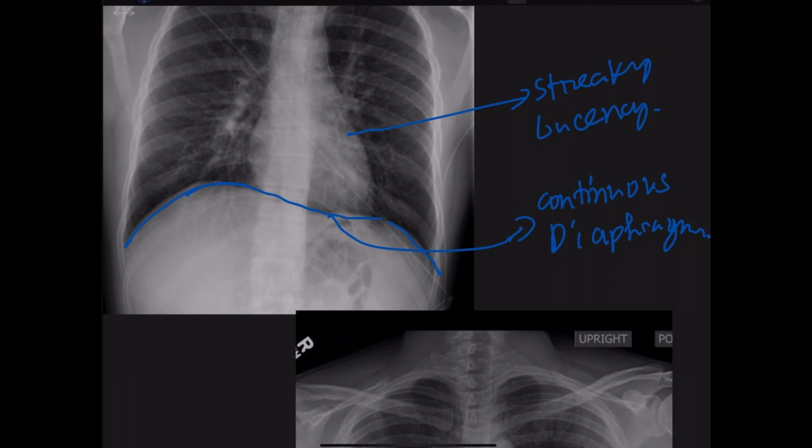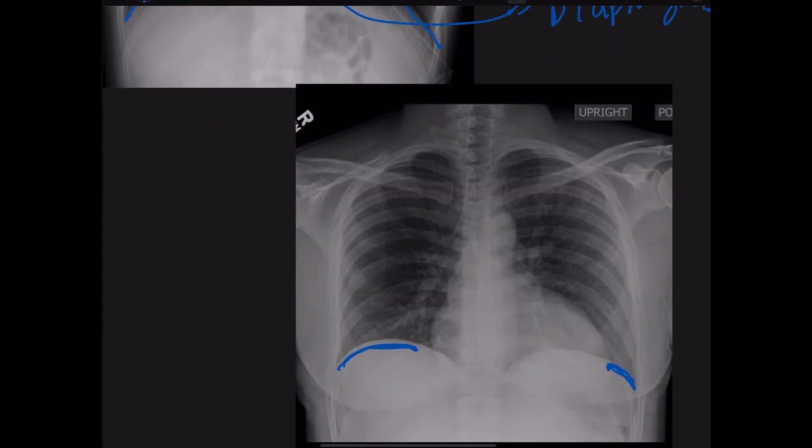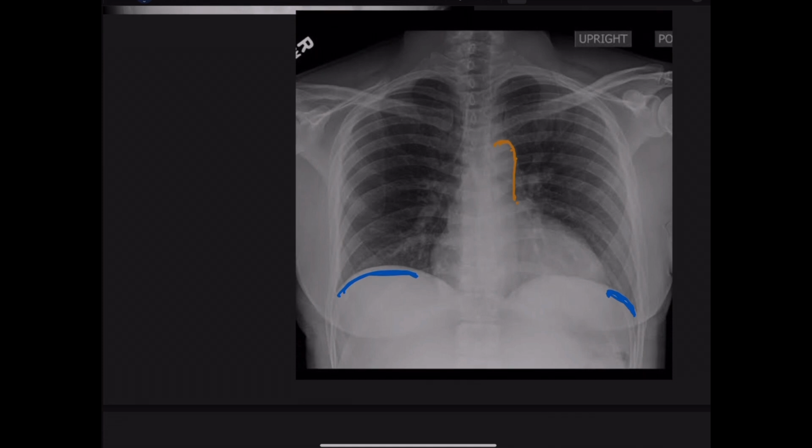You can also see that in the normal chest X-ray, we can outline the descending aorta, the aortic knuckle. The descending aorta can be outlined to some point, and not to the full extent above the diaphragm.